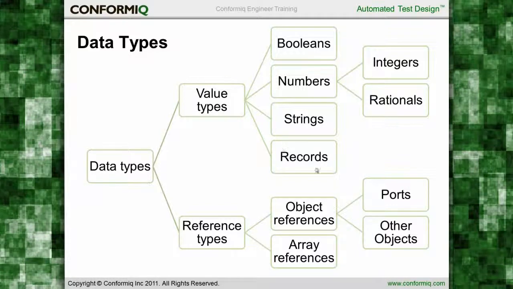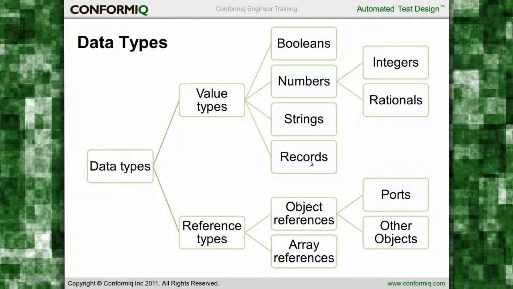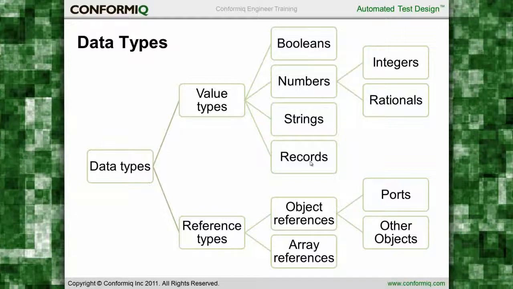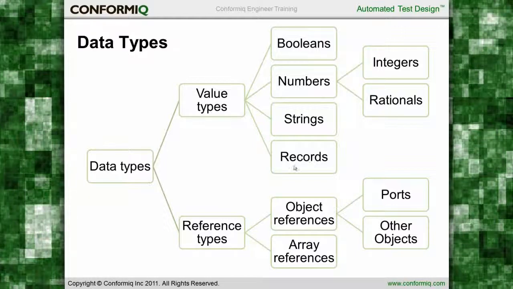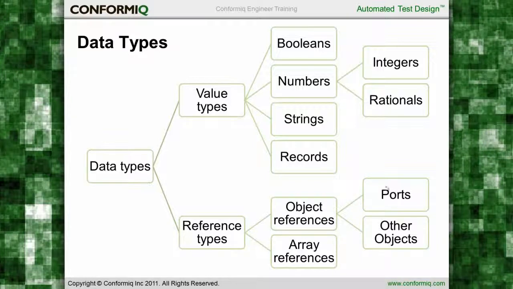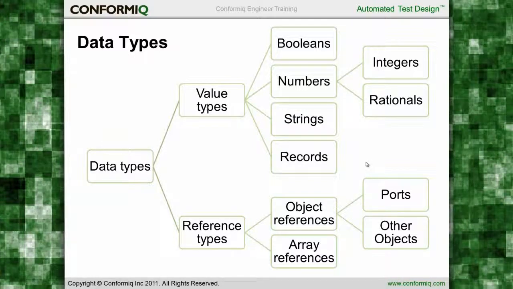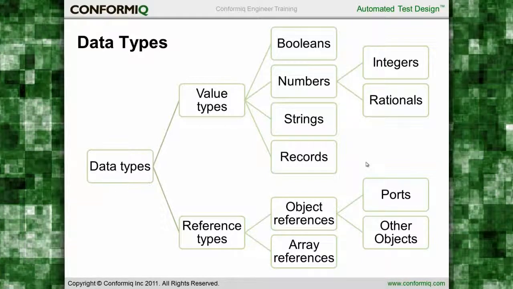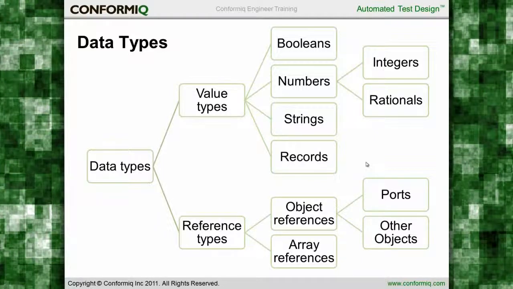And then we have records, which are the messages or individual interactions that are defined on the ports of the system block. But other than that, the data type system in QML is very similar to Java.